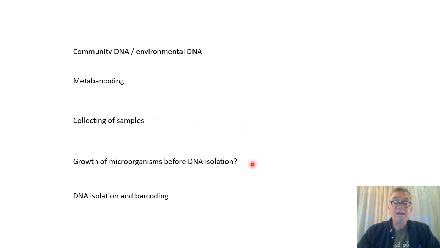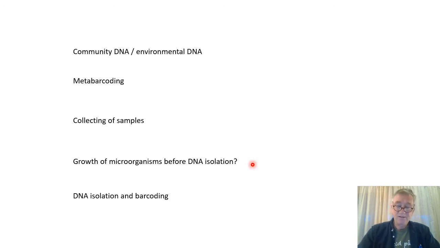Okay, next thing is, what should we do with these samples before we start DNA isolation? Could we isolate DNA directly from the sample, or should we start some growth of the microorganisms in order to make sure that we have enough material to get DNA from it which is possible to sequence?